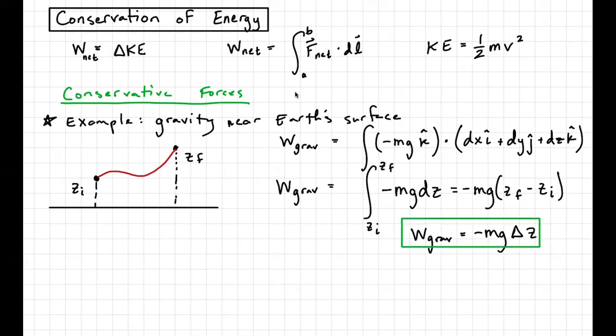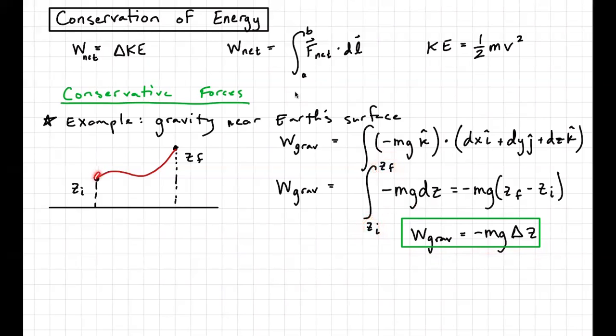Okay, so this is under the heading of conservative forces. So what is a conservative force? A conservative force does work that is not path dependent. For example, nothing in this derivation of the work done by gravity depended on the path that was taken. The only thing that determined what this integral looks like is that gravity points straight down, and only the bounds mattered.